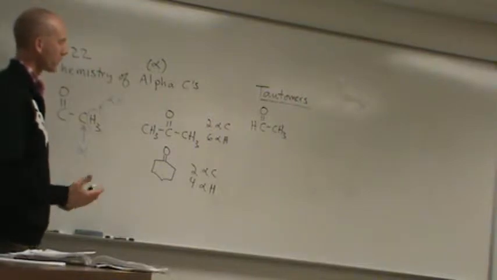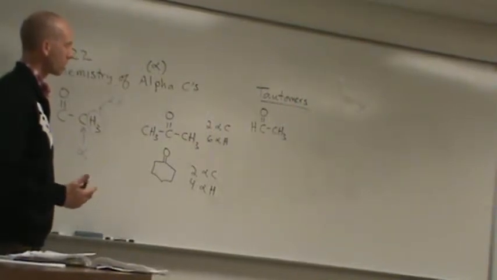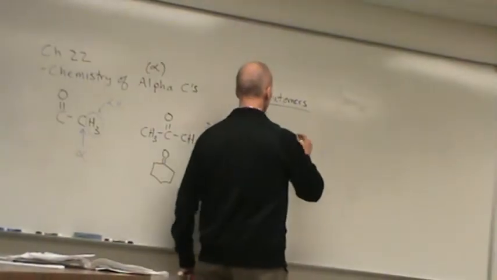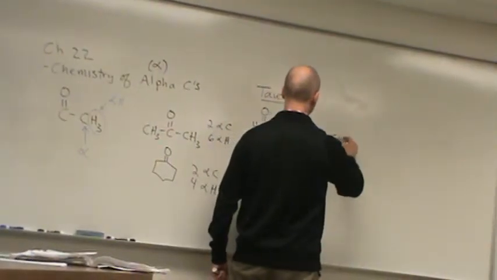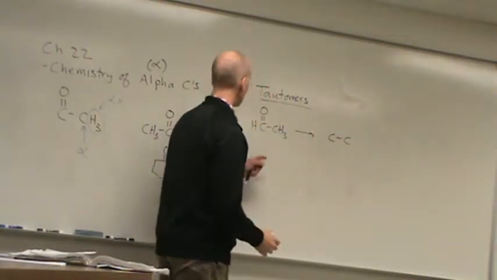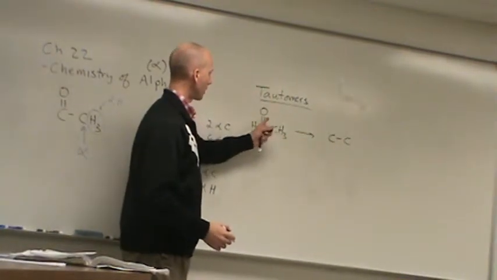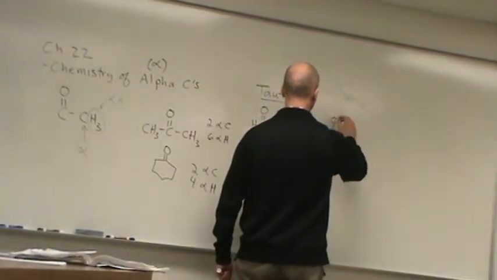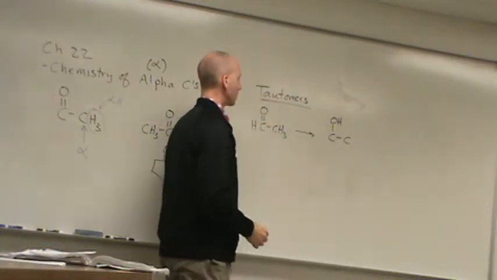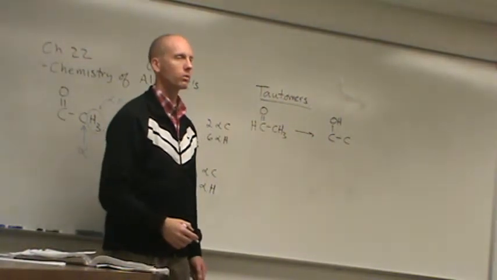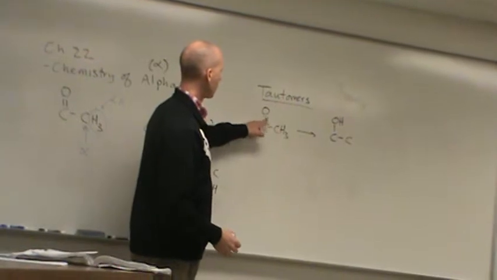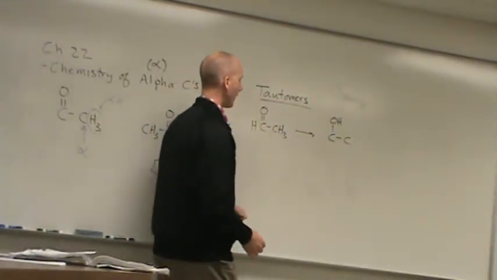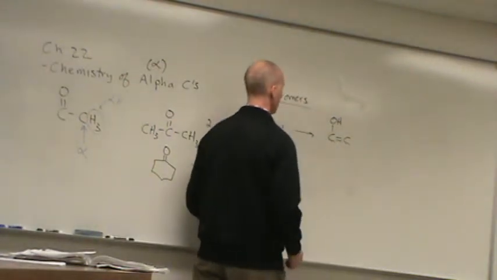Okay? So you can maybe write these things down so it helps you to remember. It's pretty simple. To write the tautomer, what I do is I convert the carbonyl to an OH. The double bond now goes between the carbonyl carbon and the alpha carbon.